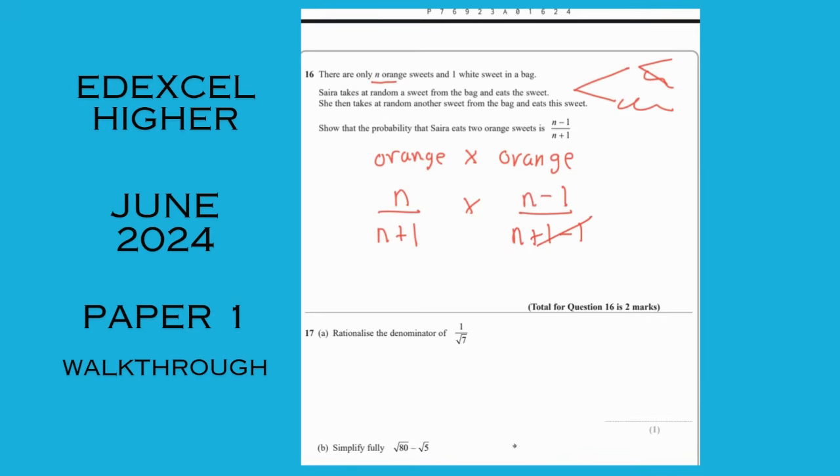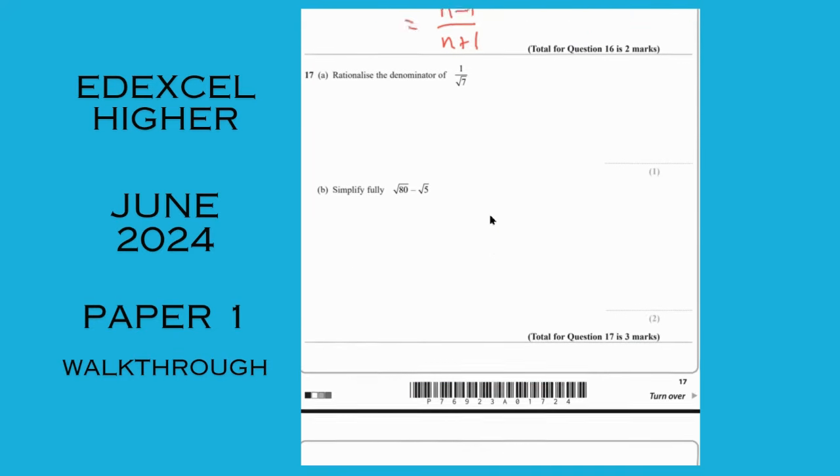And as you can see, what we've got going on is you've got an n up here and n down there. They will cancel out too, leaving us with an n minus 1 on top and an n plus 1 on the bottom. But really, the examiner wants to see those top bits lining up like so, with a multiplication in the middle.